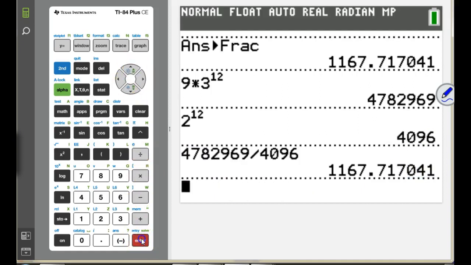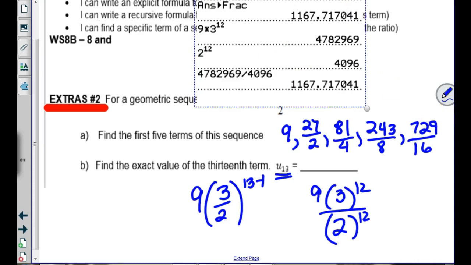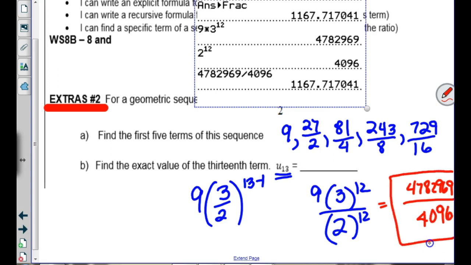I don't know that you have to do this on the calculator, but you see that's the same decimal, guys? When we did just the top, 9 times 3 to the 12th, we got 4,782,969. And on the bottom, 2 to the 12th was just 4096. So that one's not too bad to have to do separately. I don't know that you have to do it separately, but it does say exact value. We good? Then we should go back to worksheet 8B and do number 8.